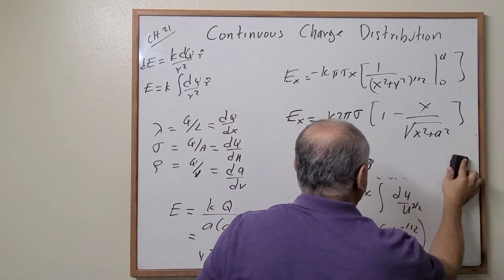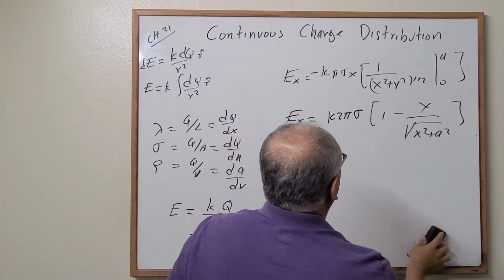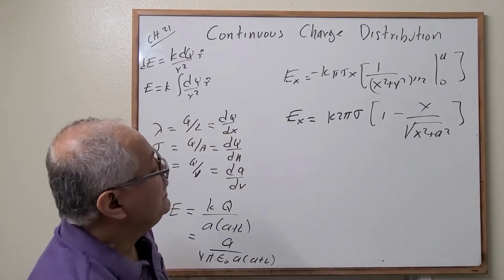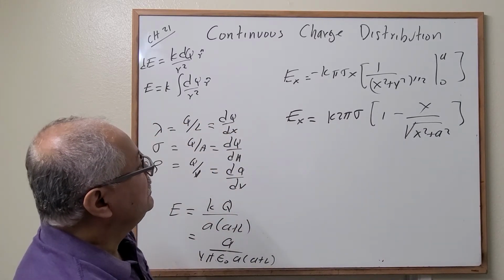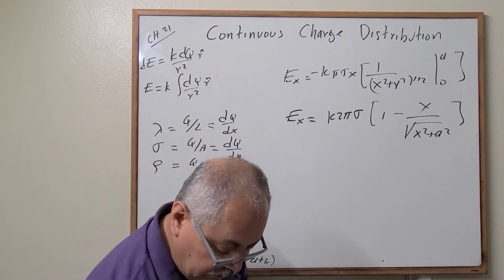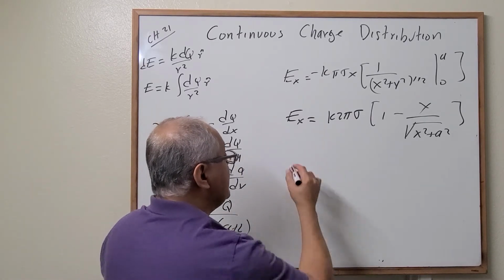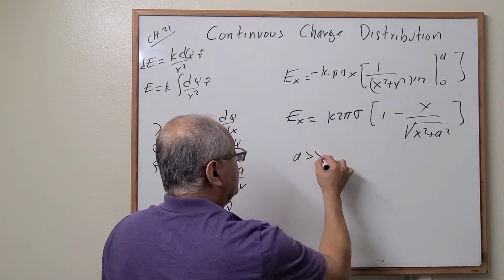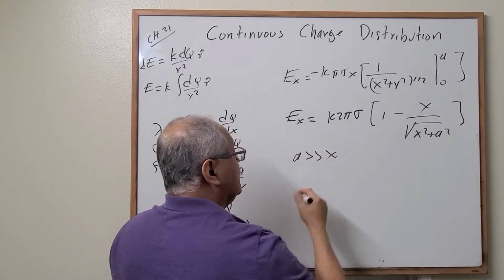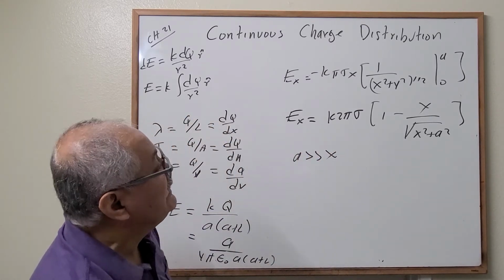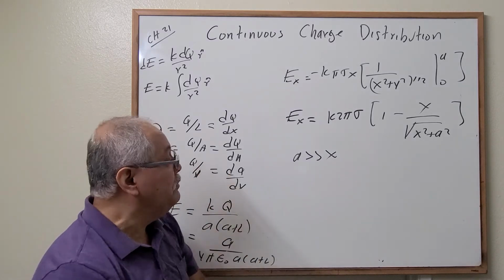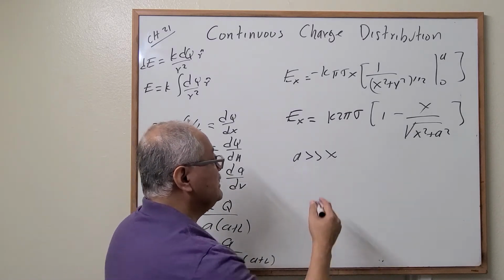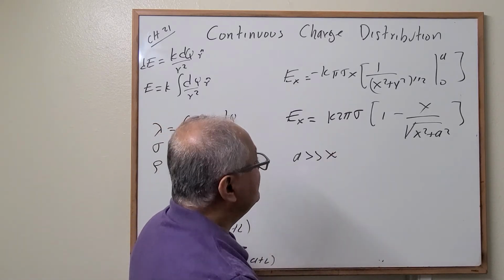Now let's see what happens when we go to some conditions. Imagine that we're looking for the case when a, which is the radius, is much larger than the distance to the point P, x in this case. What happens then?